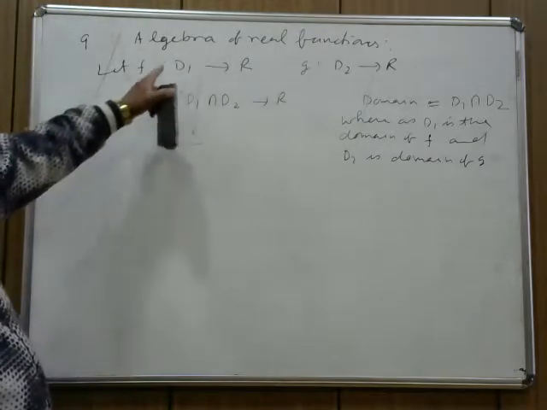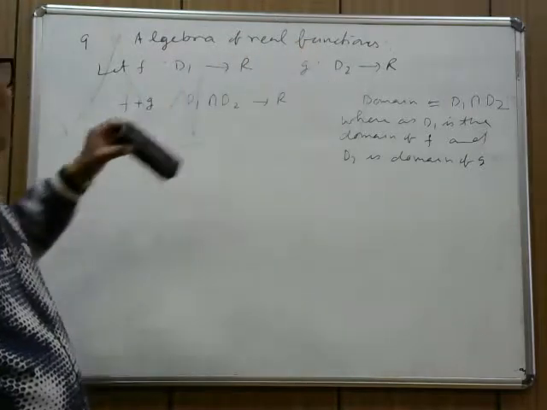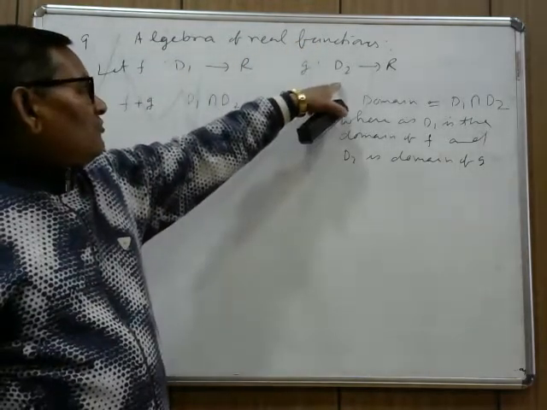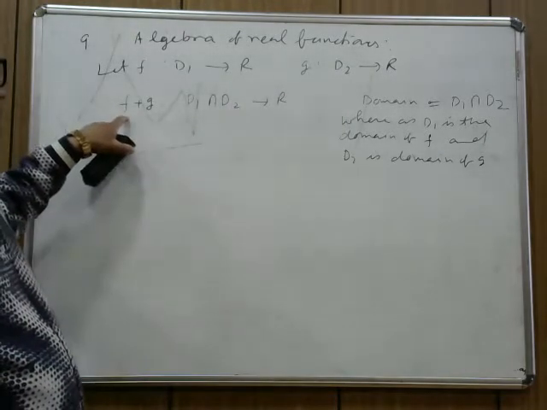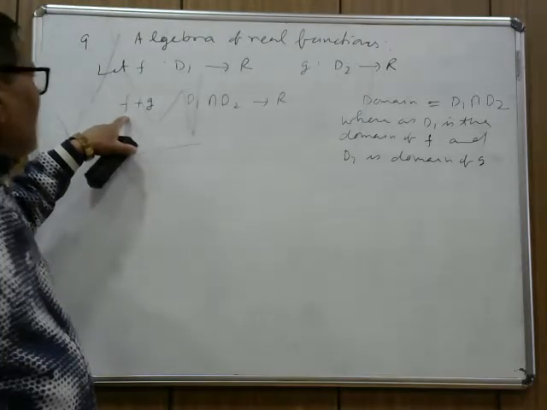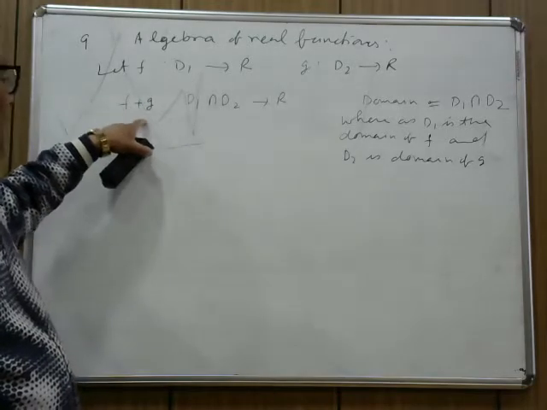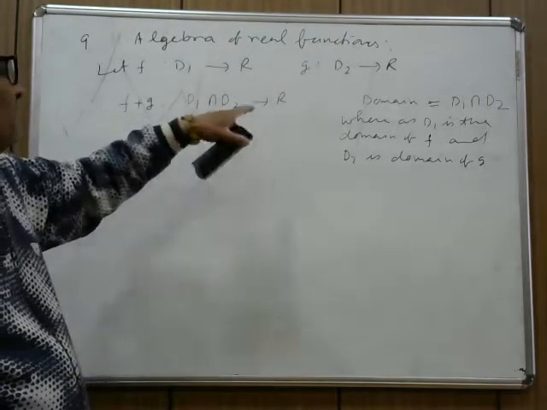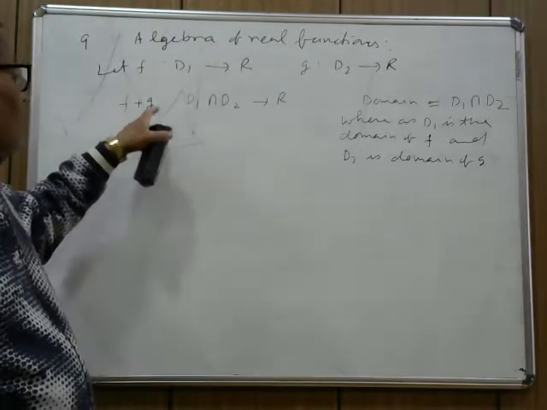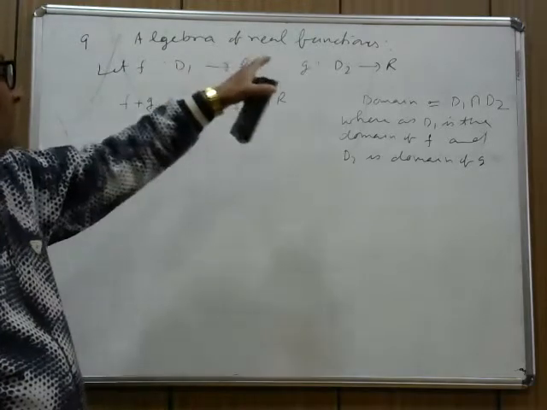A function f maps D1 to R, and g maps D2 to R. Here the domain of f is D1 and the domain of g is D2. When you are adding these two functions, finding f plus g, the domain of f plus g is D1 intersection D2, the common domain of f and g.